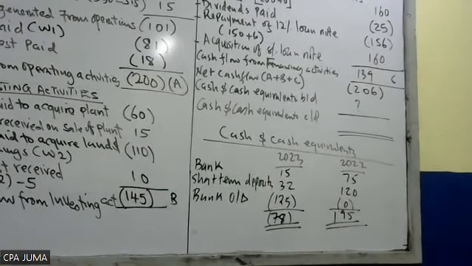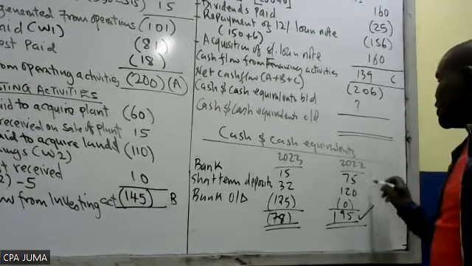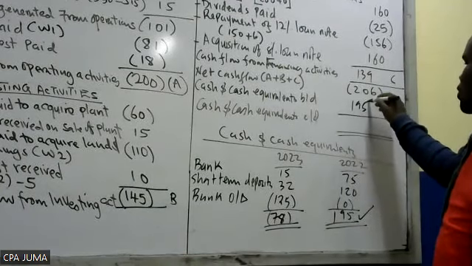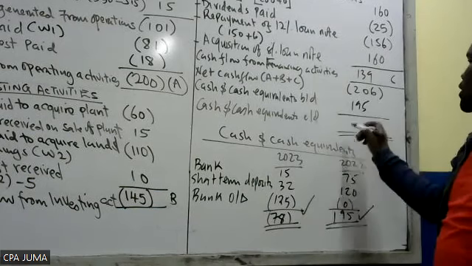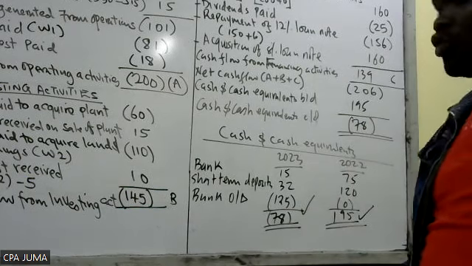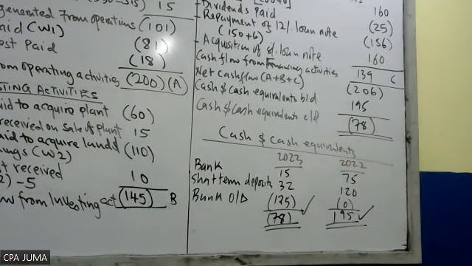So cash and cash equivalent at the beginning should be this one here, 195 positive, then the closing is 78 negative. But when I check 206 minus 206 plus 195, that is coming negative 11, while this one is coming negative 78.